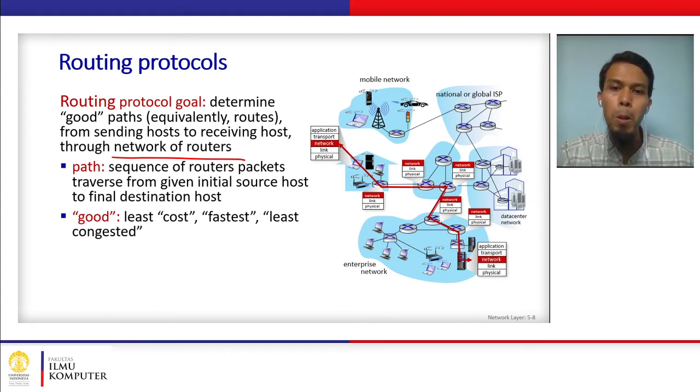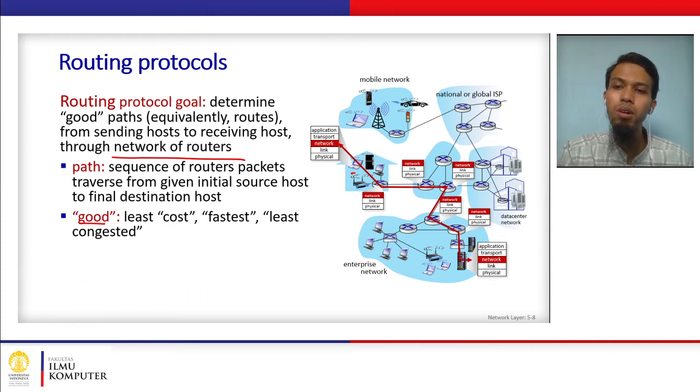For example, a sender at this client laptop wants to communicate with one server in this network. Each router will determine what is a good path for this packet from source to destination.